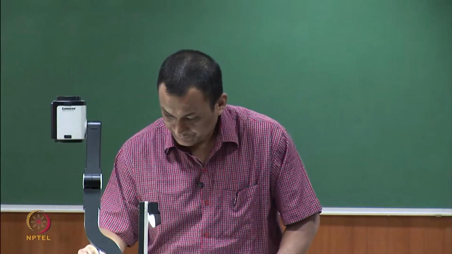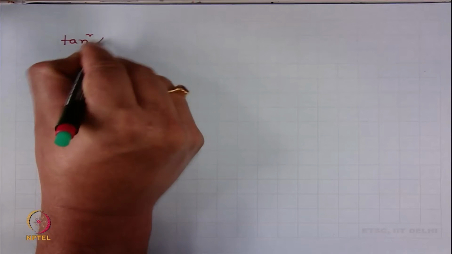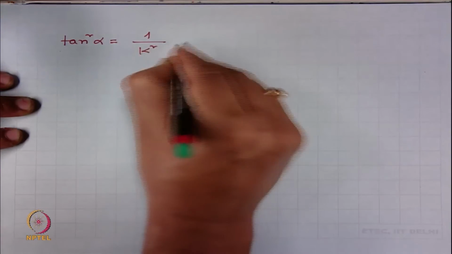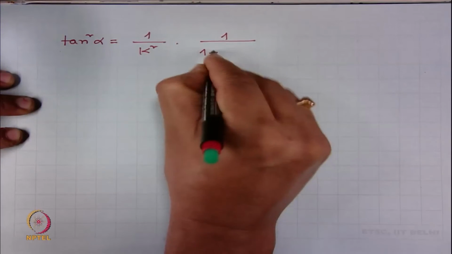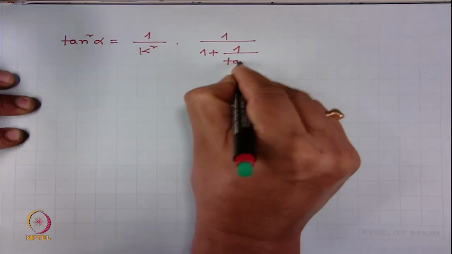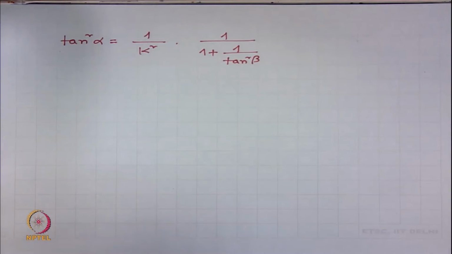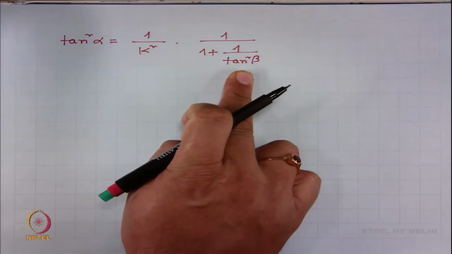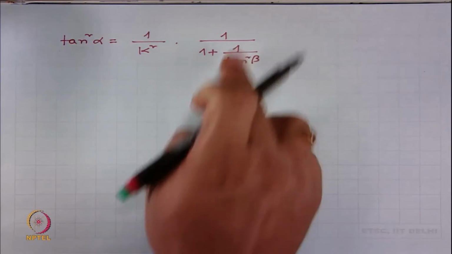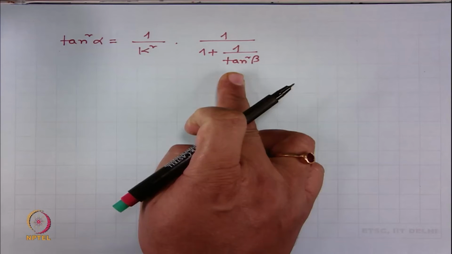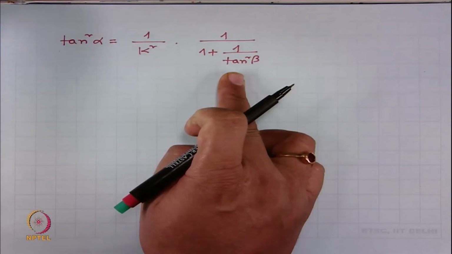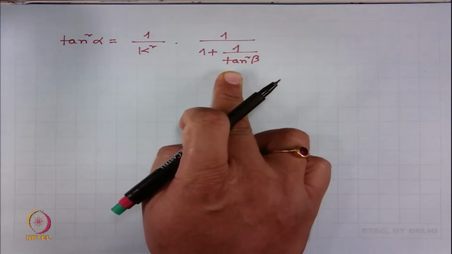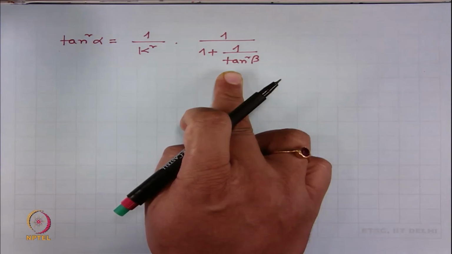So, tan square alpha is equal to 1 by k square into 1 plus cot square beta. Now, you see tan square beta is much less than 1, so 1 by tan square beta is much greater than 1, right.